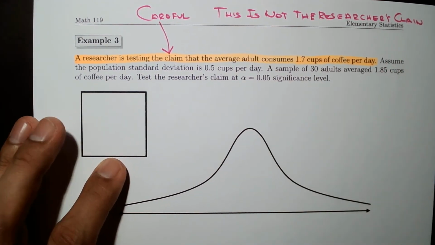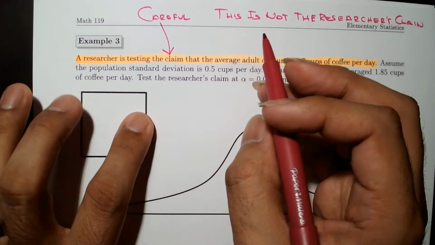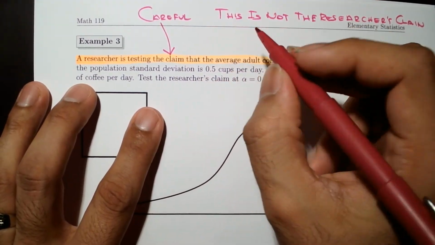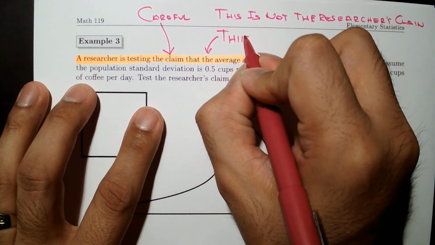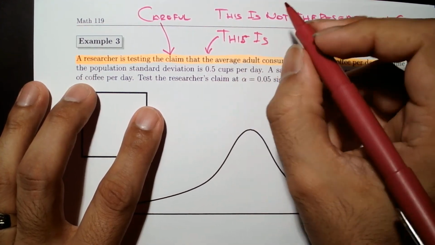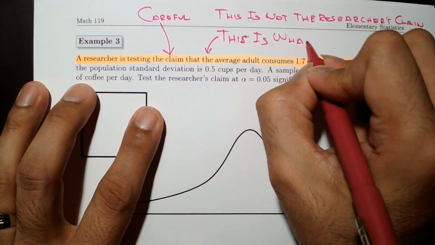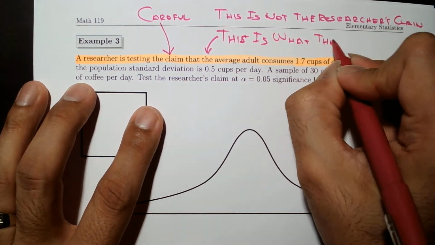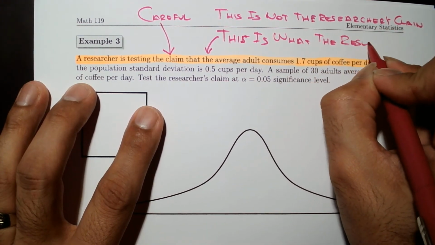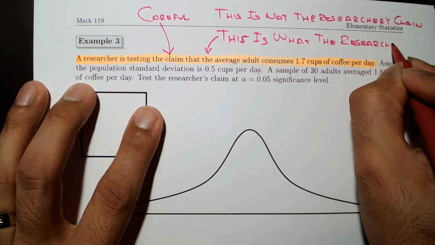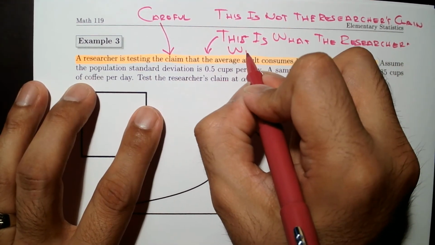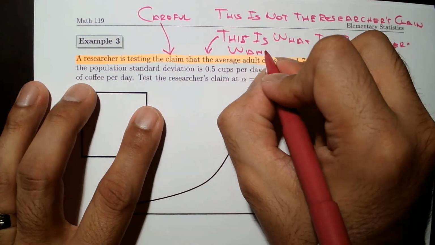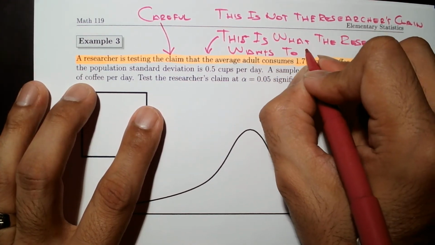So let's see. Let me write something else. This is what a researcher wants to prove wrong.